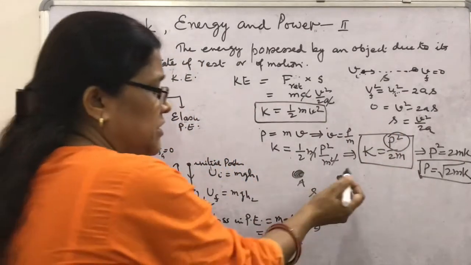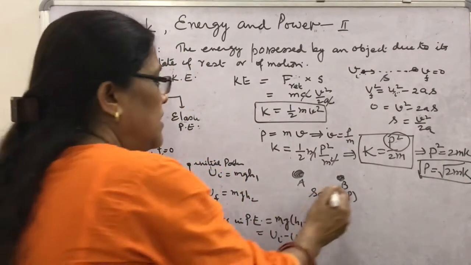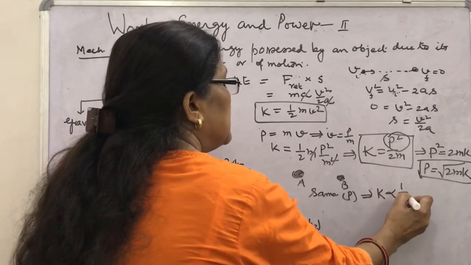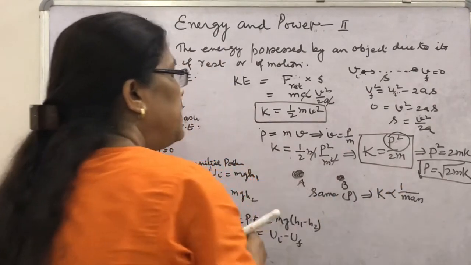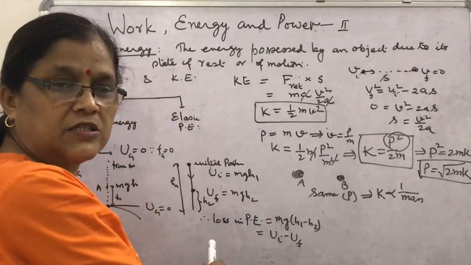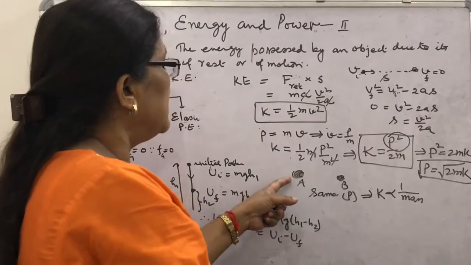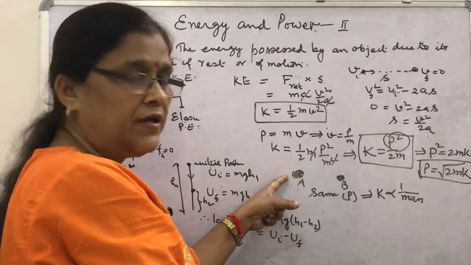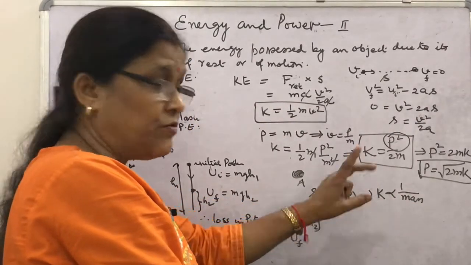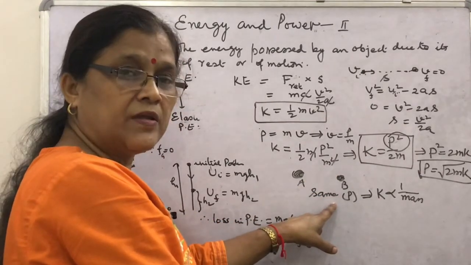Now look the relation, how K and M are related. Inversely, then for same P, K is inversely proportional to the mass. What does it mean? More will be mass, lesser will be the kinetic energy. Then as per the question, you give the answer. If A is heavier, then mass is more, then its kinetic energy will be lesser, provided both A and B have same momentum.